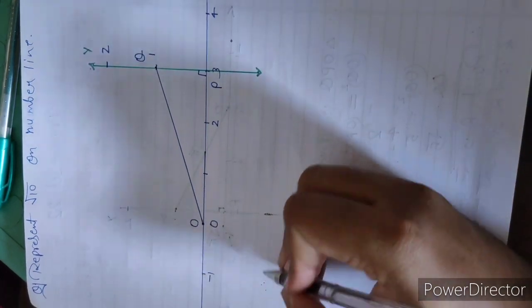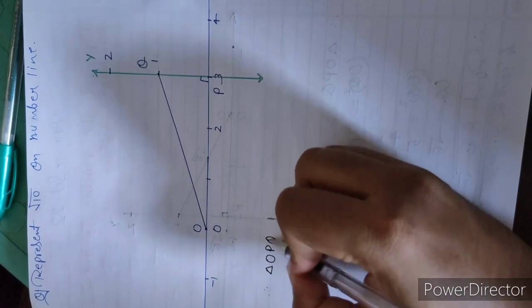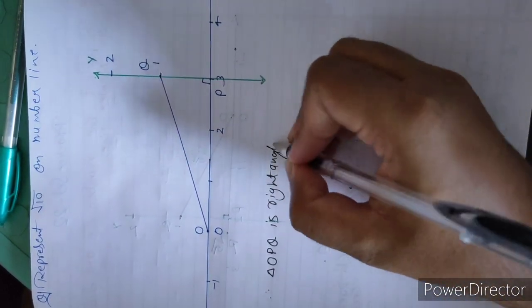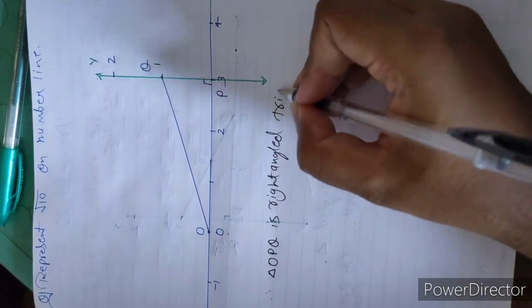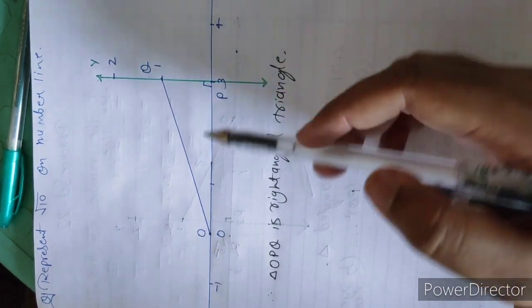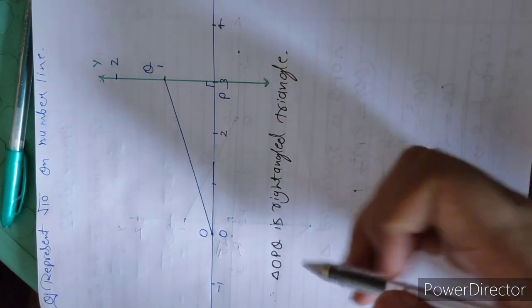So again we will do the calculation here. Triangle OPQ is a right angled triangle. In a right angle triangle we will use the Pythagoras theorem. Here the hypotenuse is denoted by OQ.